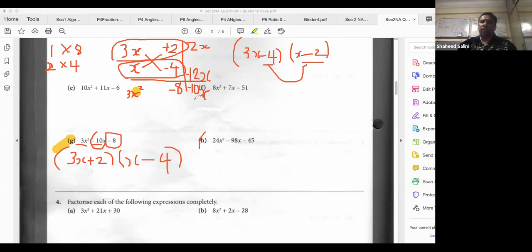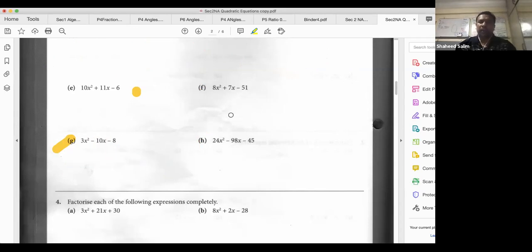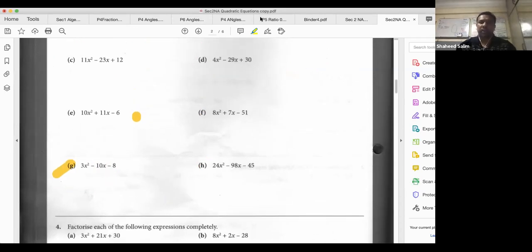Okay, I tell you what, we'll try another one. You try now this question here. Shafi, you can do double, no problem. Okay, you try question number D then. Shafi, you try D first.